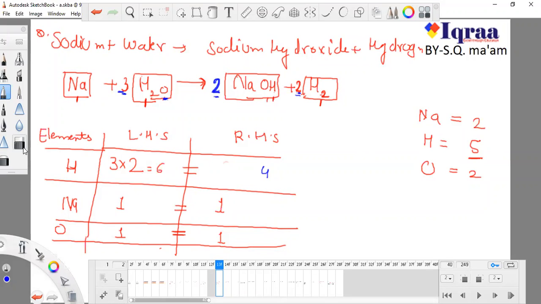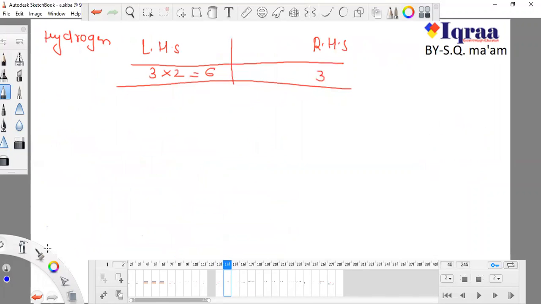So this side also has 6. Now there is again a change. I'm writing the same thing for oxygen, and I'm writing the same thing for sodium.